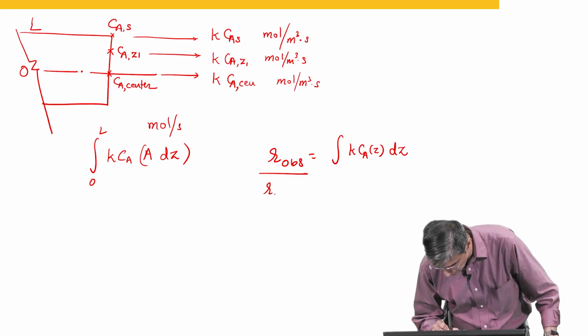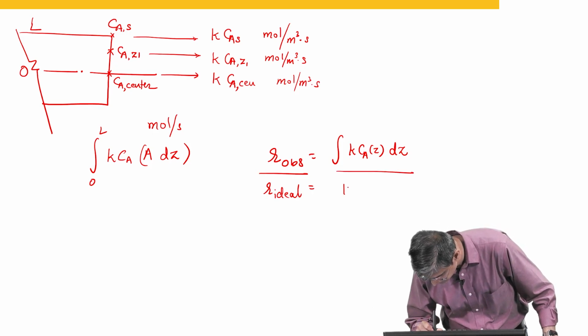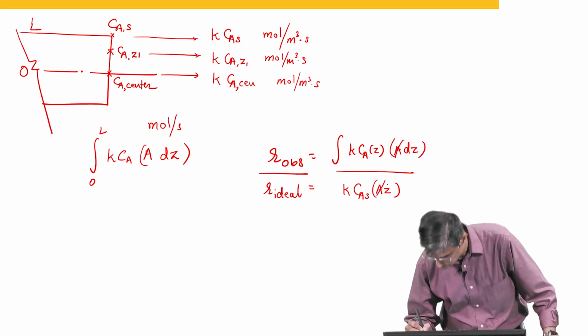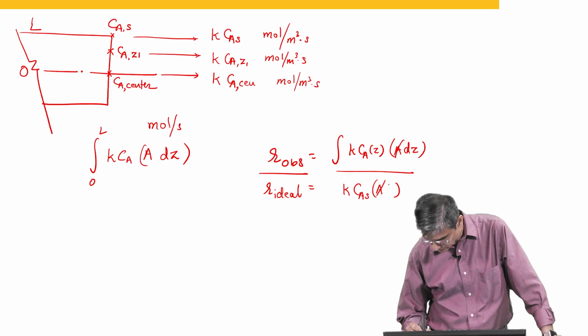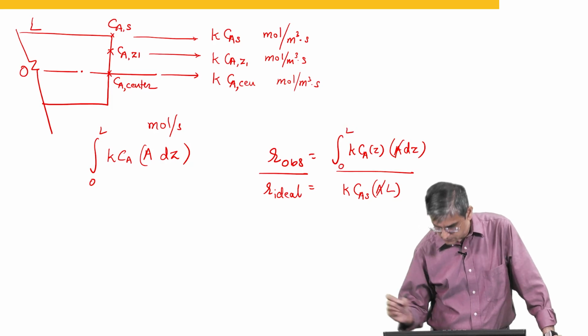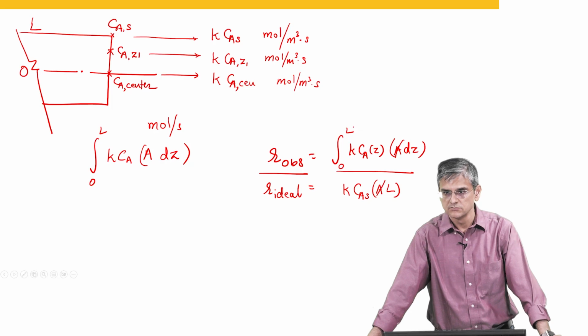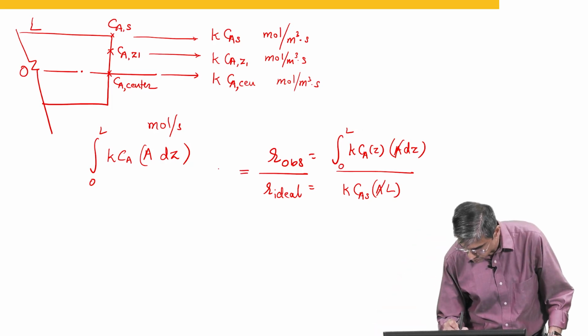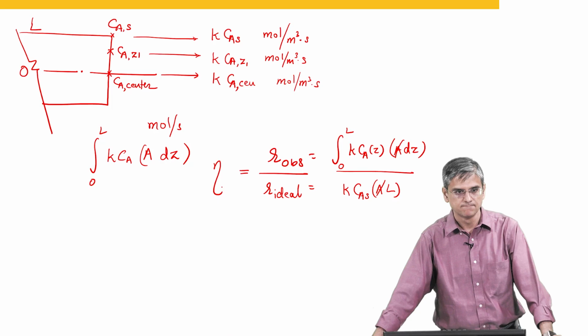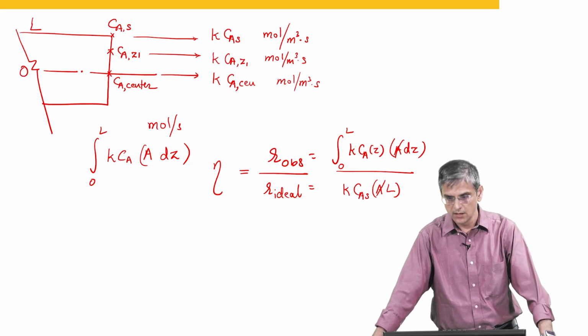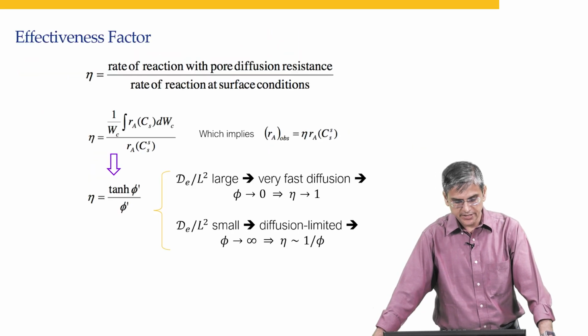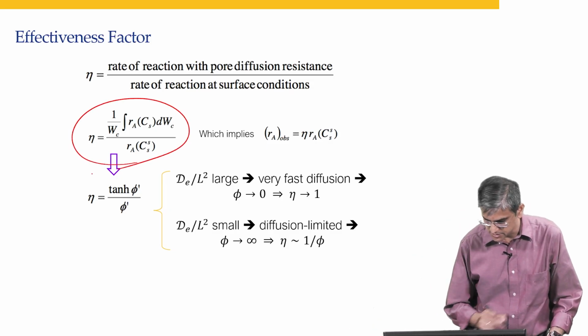Our true or our ideal rate, integrated from zero to L, right? This ratio is eta. How do you calculate the eta? Calculate the eta by doing this integration.